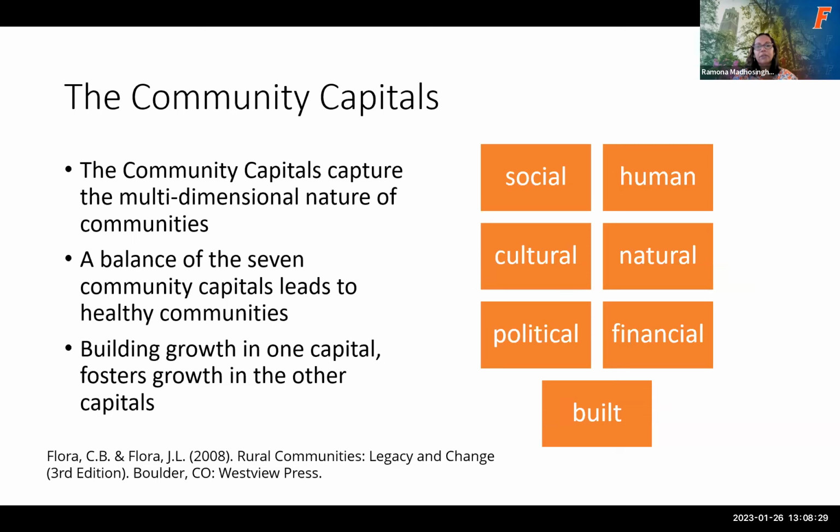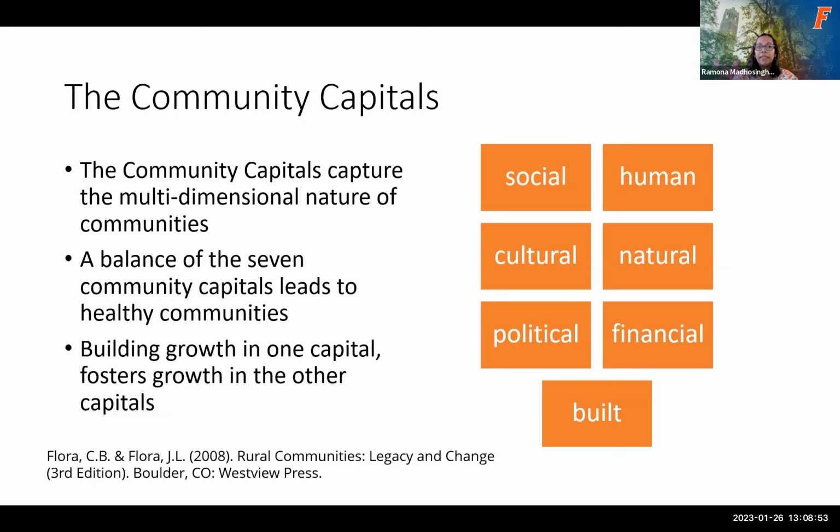Sometimes you might see communities where there is a lot of social and human, but there's very little built capital. And you'll see why this is important when we come across the slides that show you a snapshot of what we heard. The last bullet here is really important. When we build or sustain growth in one capital or 2 capitals, we're likely to foster growth in the other capitals. And you'll see this again on the chart that we're going to share with you.